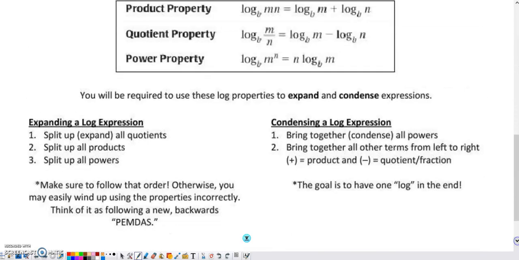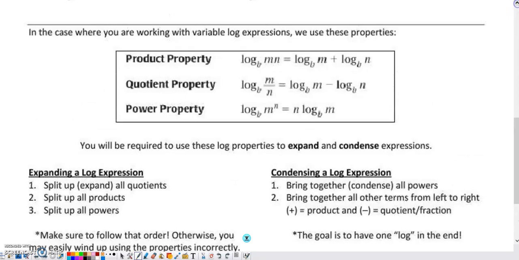We're going to go ahead and talk about the properties, starting with this. We're going to talk about product property, quotient property, and power property, and how we're going to use those properties to expand and condense log expressions. To expand log expressions, the first thing you need to do is split up all the quotients, then split up the products, then split up the powers.